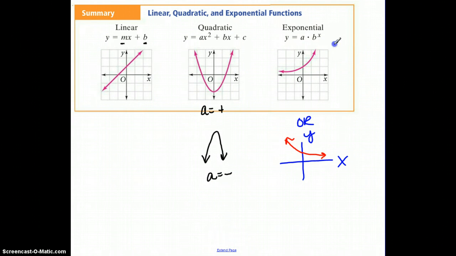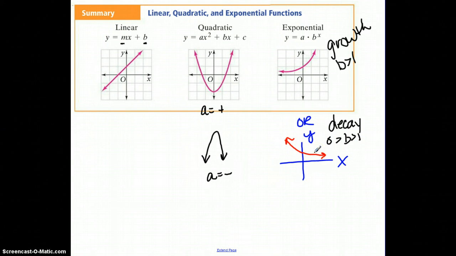Exponentials are done in two ways, either growth, which is what this is, because this b value is going to be larger than 1, or they can be decay, which means it's going to decrease as it goes down, and that means your b value has to be between 0 and 1. So some kind of fraction or decimal.